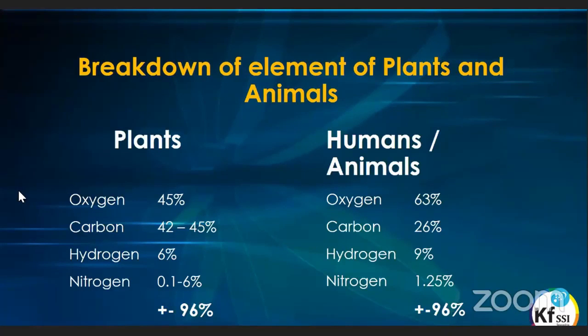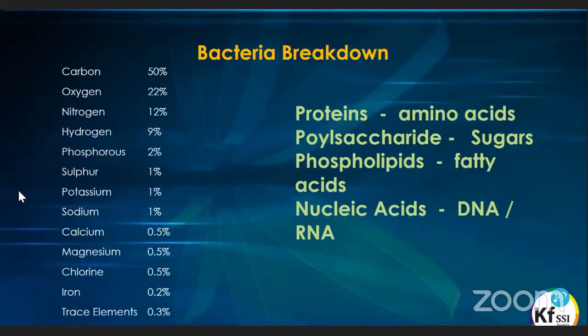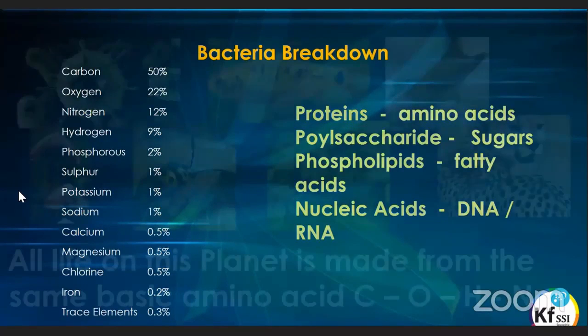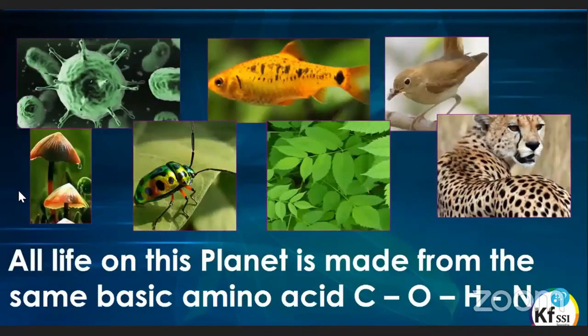Just slightly different combinations, but together they total almost the same, 96%. When we have a look at bacteria, it's the same. The top four elements are carbon, oxygen, nitrogen, and hydrogen. The four building blocks of life on this planet.